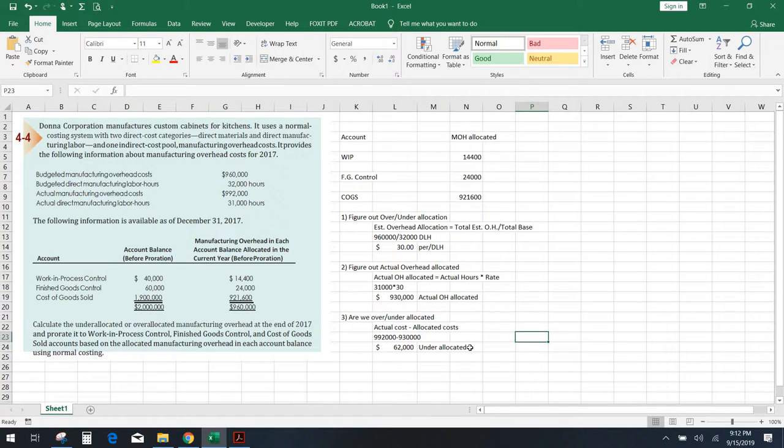Okay. Now we talked about in class, there are a few ways to dispose of this under or over allocated overhead.